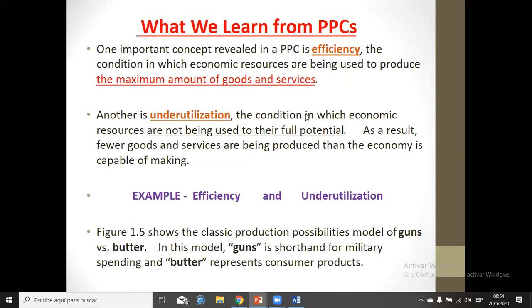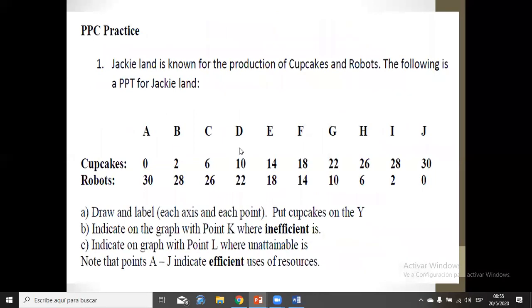Another is underutilization. It means the condition in which economic resources are not being used to their full potential. As a result, fewer goods or services are being produced than the economy is capable of making. Now, underutilization is the same as inefficient.